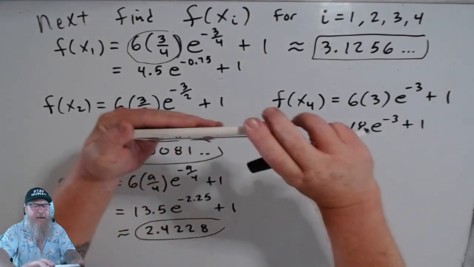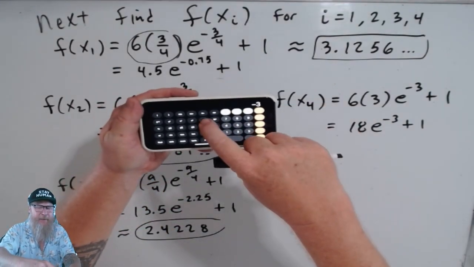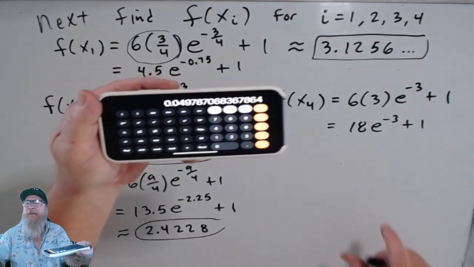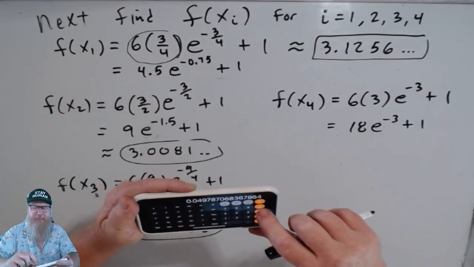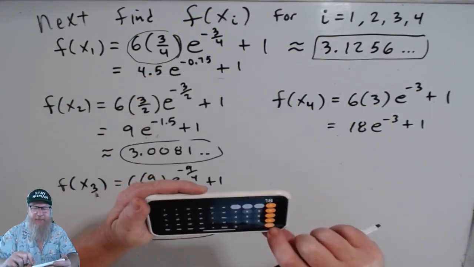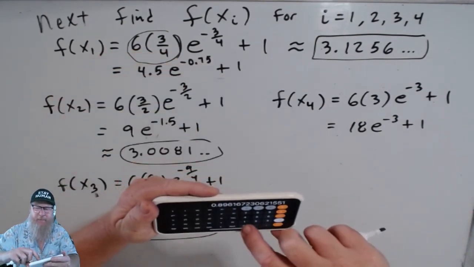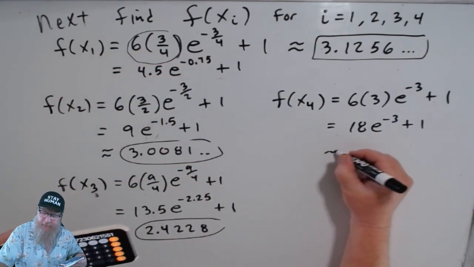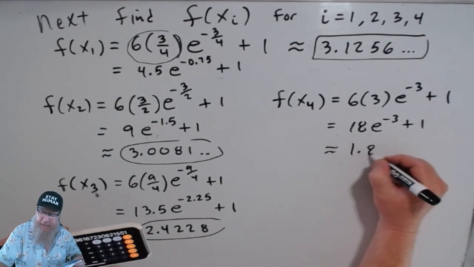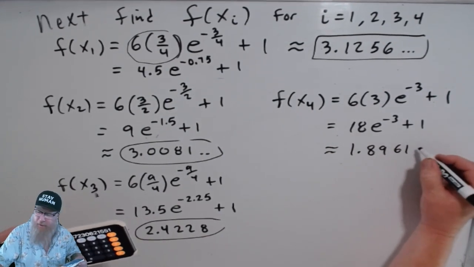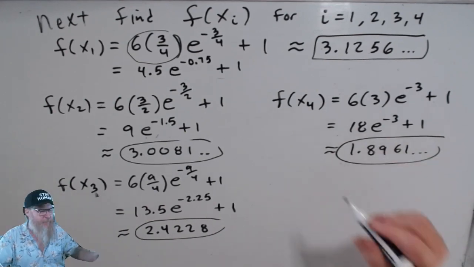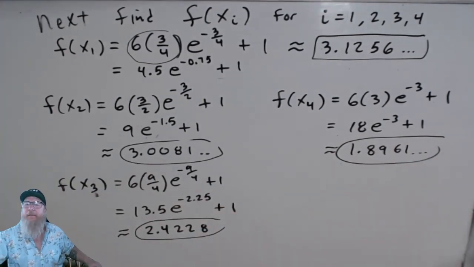So that's e to the negative 3, times 18, and then plus 1. So that's approximately 1.8961. Okay.